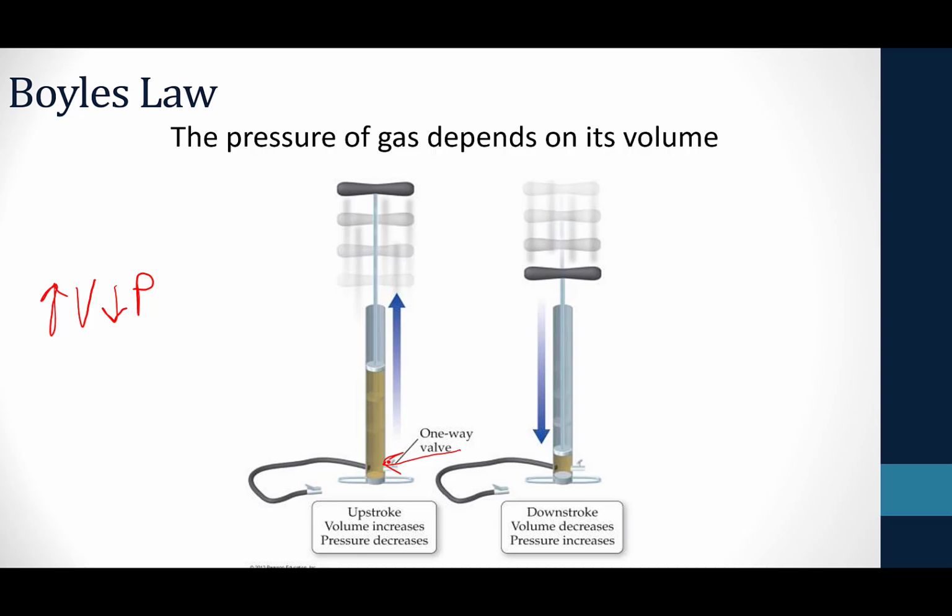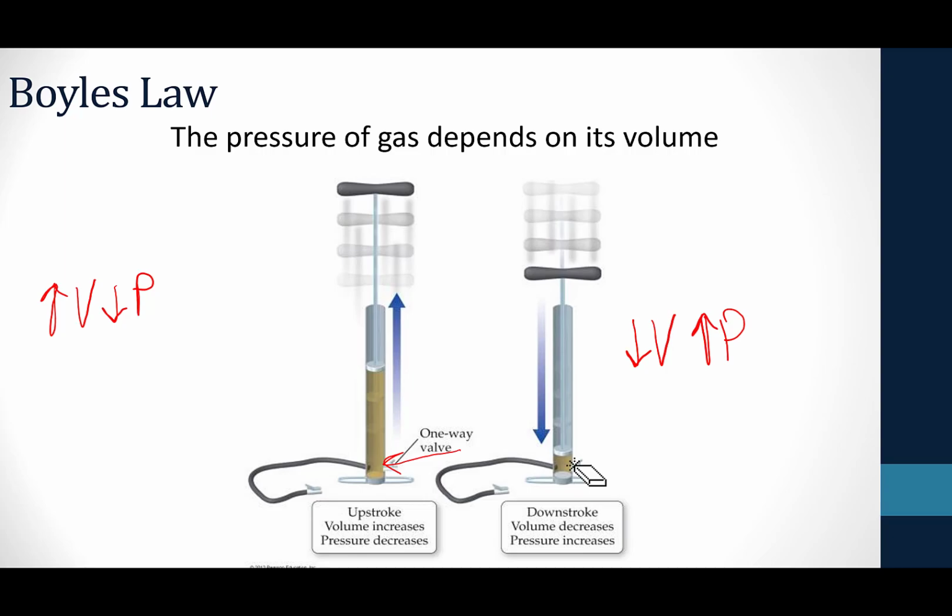Now let's think about the opposite. The piston's up at the top, and we're going to push it down to the bottom. First, what happens to the volume inside of our cylinder? The volume decreases. And what happens to pressure inside of there? Pressure is going to increase. So what's the observable change?